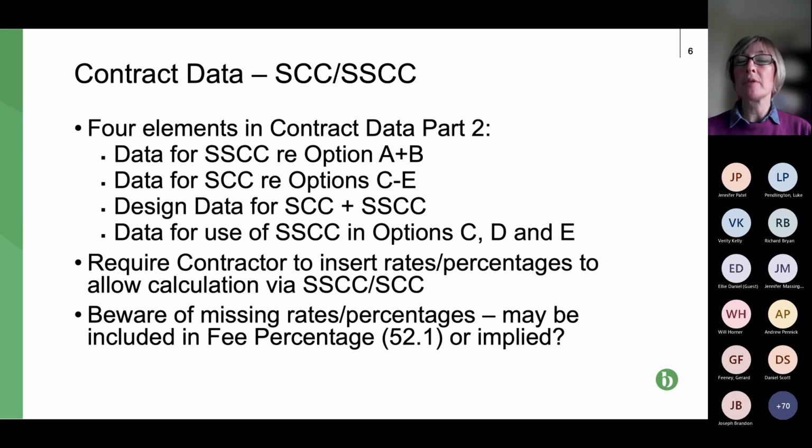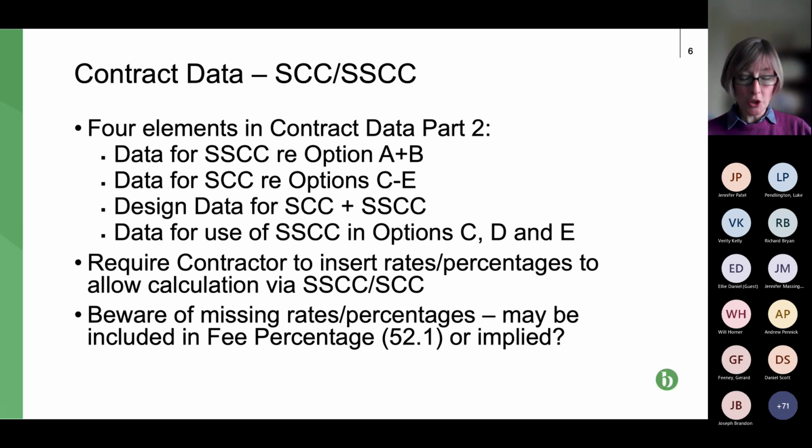And there is a real risk. We managed to settle our matter, so there's no case law to say what would happen, but there's a real risk that actually you're not entitled to anything where there's a blank on the contract data part 2.